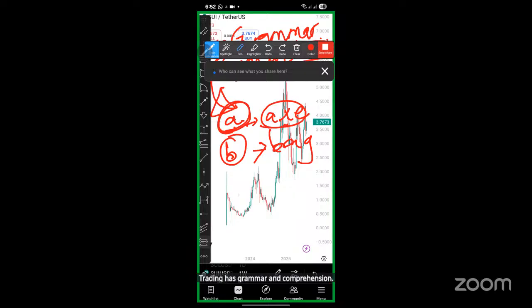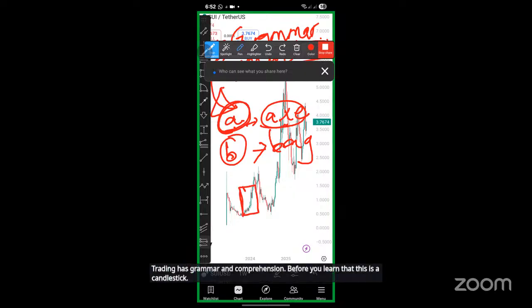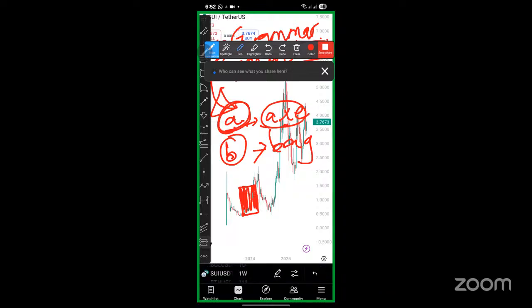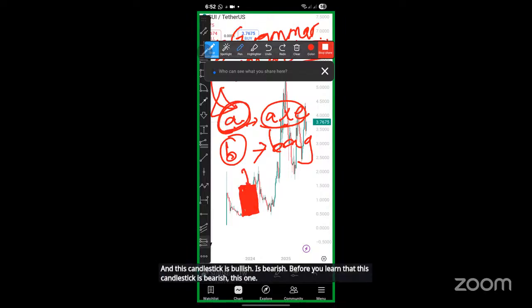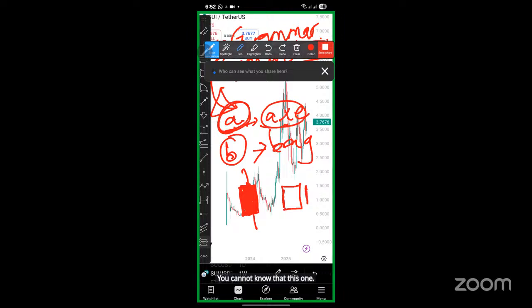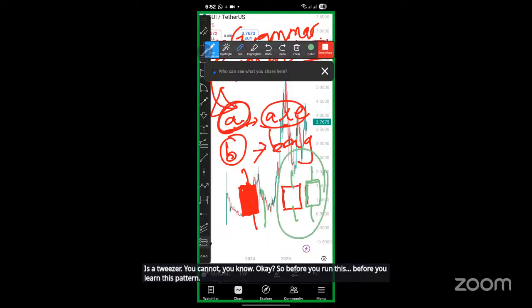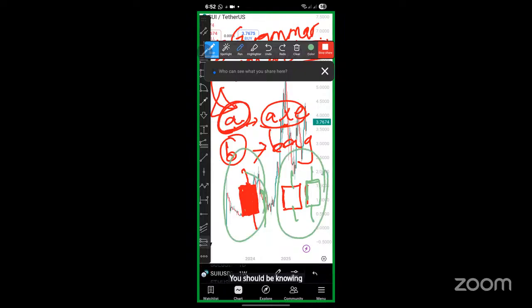Before you learn that this is a candlestick, and this candlestick is bullish, is bearish, you cannot know that this one is a tweezer, okay? So before you learn this pattern, you should know this one candlestick first.